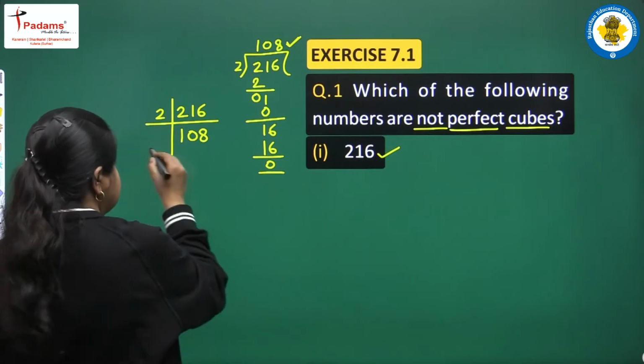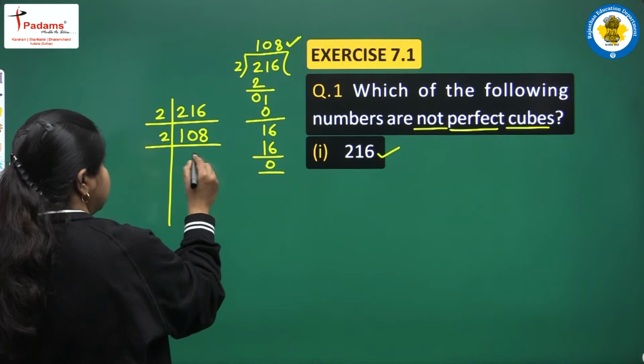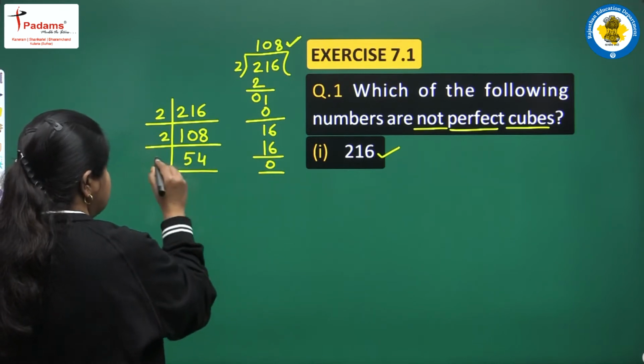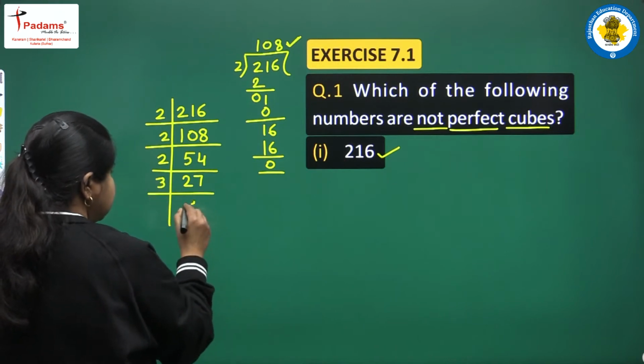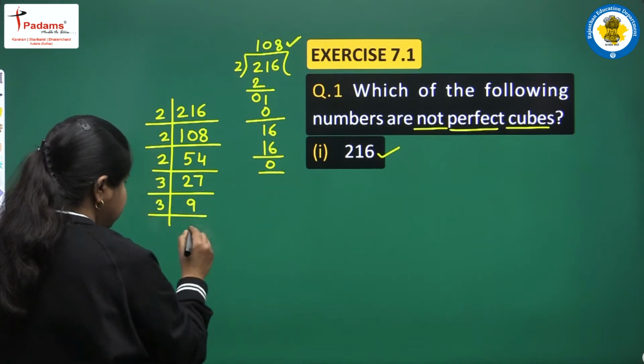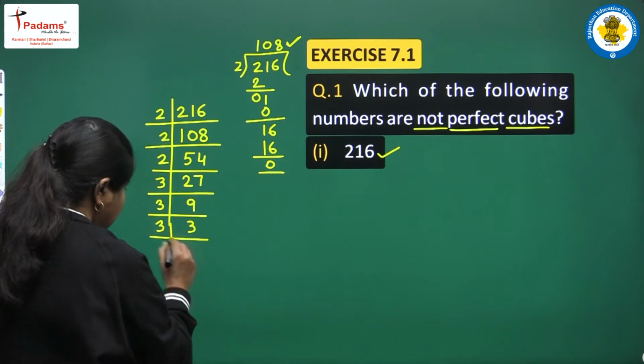Remember this. Next again dividing by 2 we will get 54, again by 2, 2 2s are 4, 7s are 14, then by 3 9 times, 3 3s are and then 3 1s are.